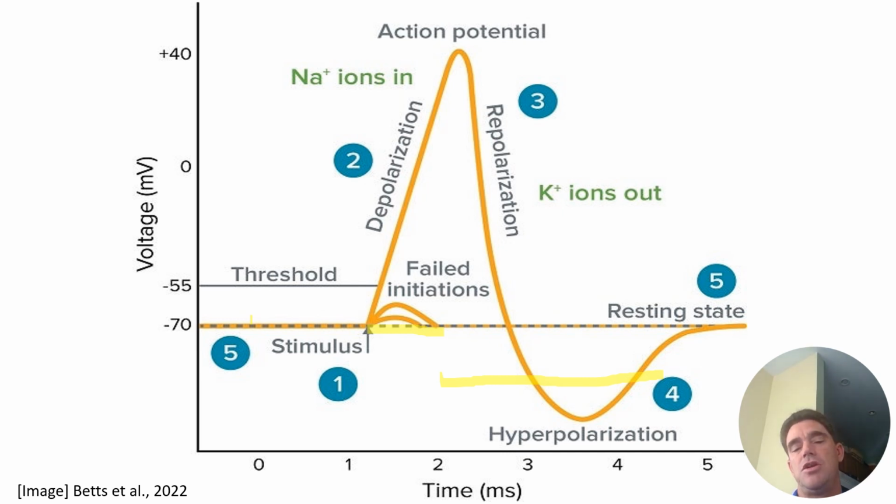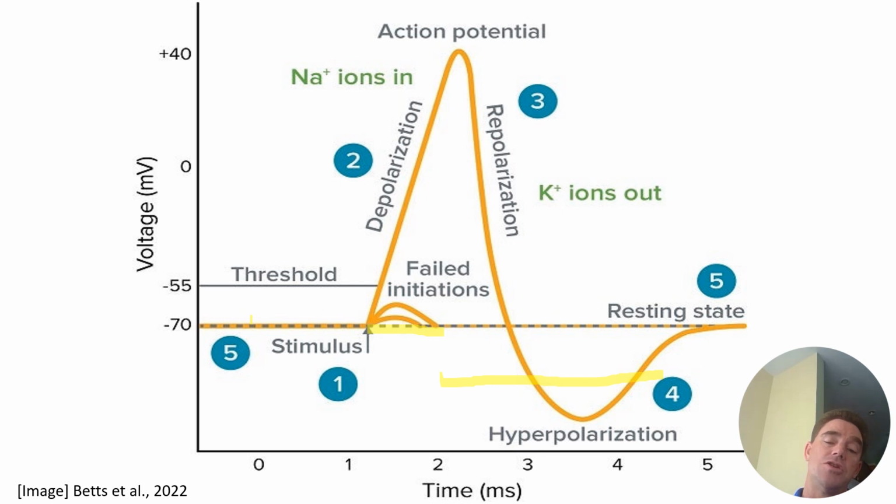Two big things here. Number one, it's an all or nothing. We send the same electrical signal every time. It goes from negative 70 millivolts at rest to positive 40 when we're actually doing our action potential. That does not change. So whether you poke your finger with a little pinprick, or you cut it off, we're still sending the same signal.